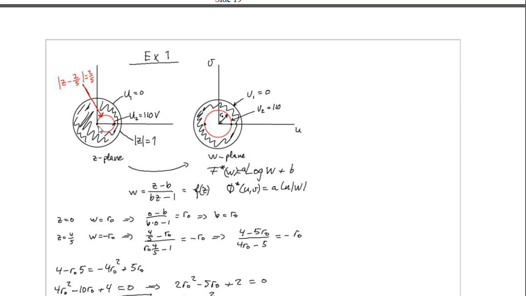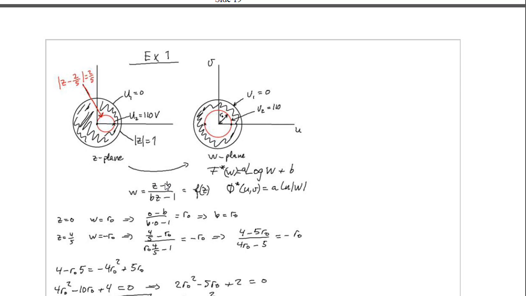So this means that since the center of this circle is on the real line, these 2 points must be mapped either onto this point or this point. So what we are going to do now is assume that this point is mapped onto this point, and this point is mapped onto this point.